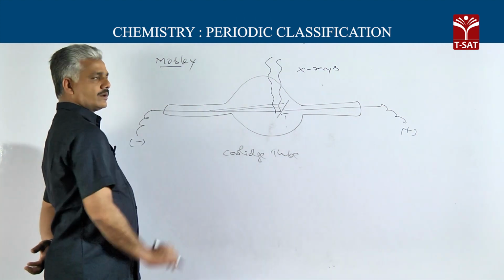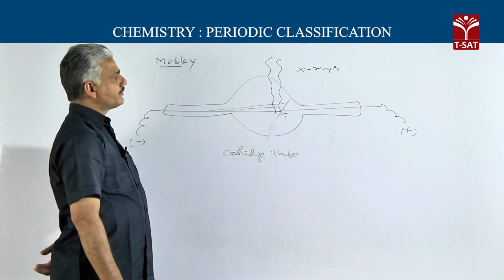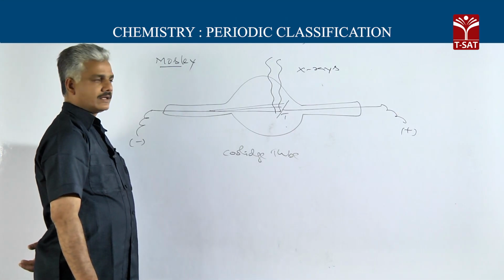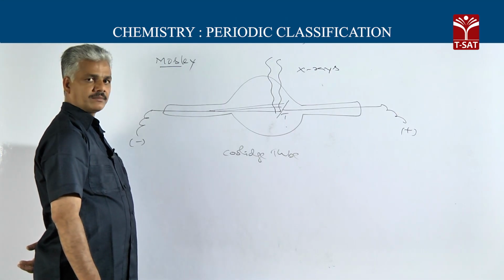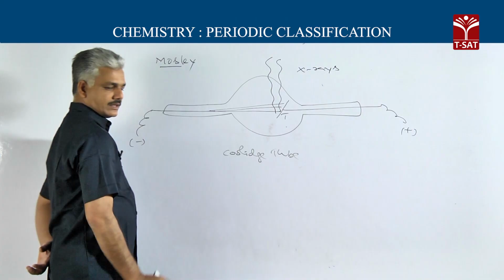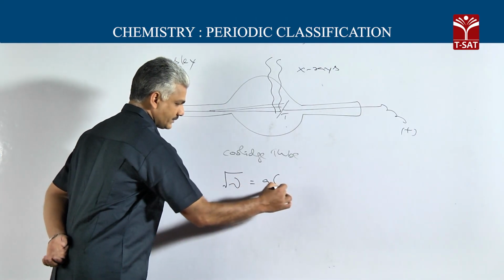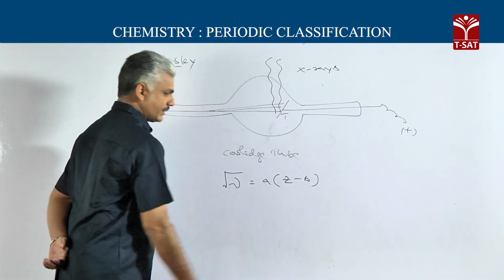Then he correlated the frequency of the X-rays generated with the atomic number of the target element. The correlation that he found was square root of mu is equal to A into Z minus B.